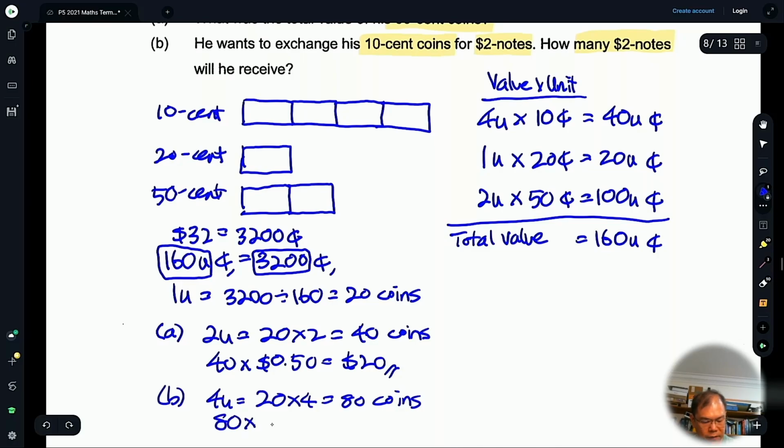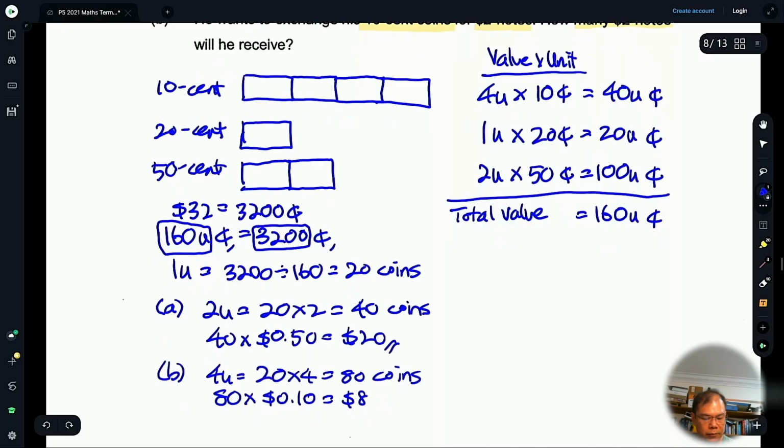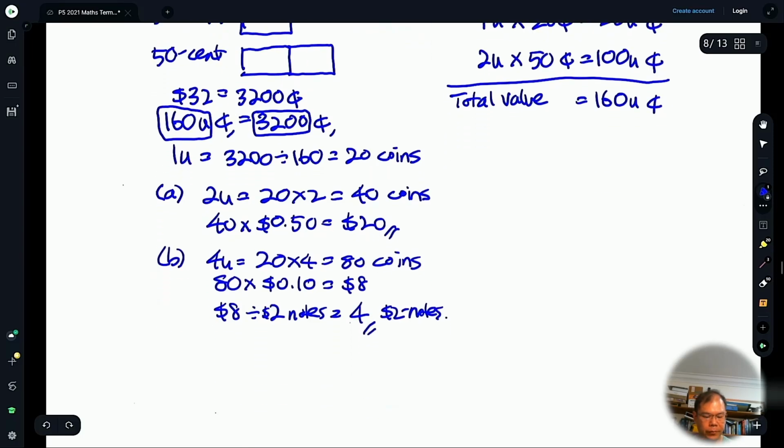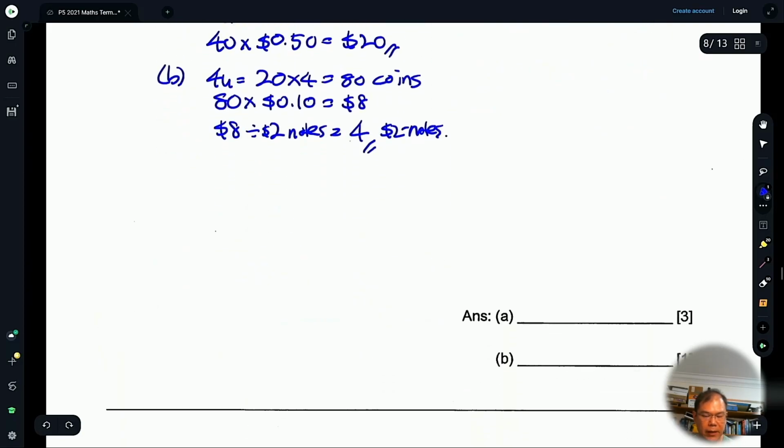Total value of these 80 10-cent coins is actually just $8. Right? If you change $8 into $2 notes, you get 4 $2 notes. Okay, so that's the answer. So for part A, the answer is $20. For part B is 4.